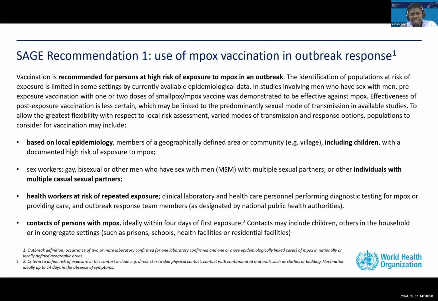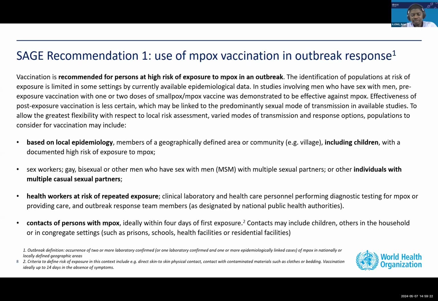I think the first, which is worth emphasizing, is that whatever vaccination strategy is developed should really be based on the local epidemiology of the disease. So each country that wants to vaccinate needs to look at these recommendations and take them into consideration, but also look at how that applies given the local epidemiology that is seen in the country or in the affected area.